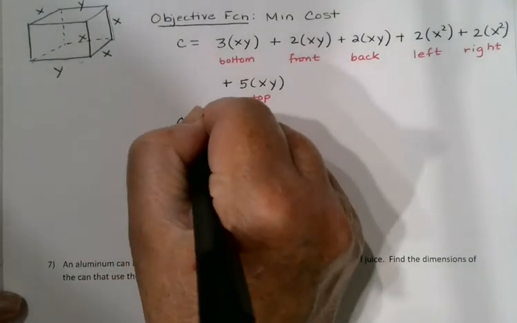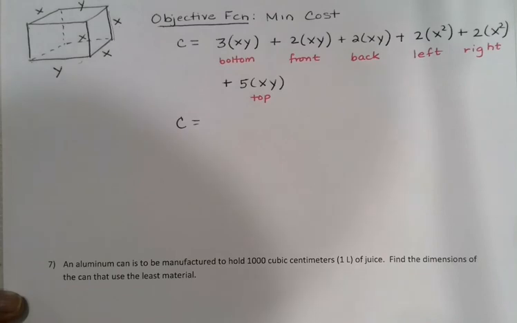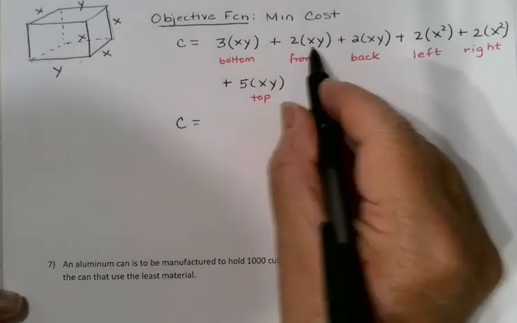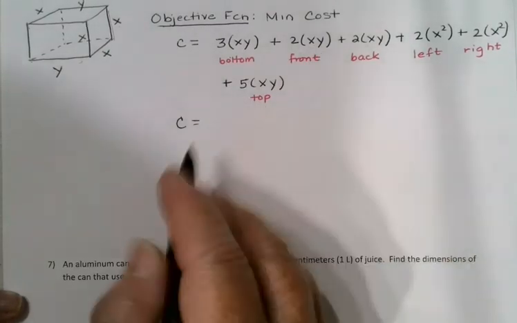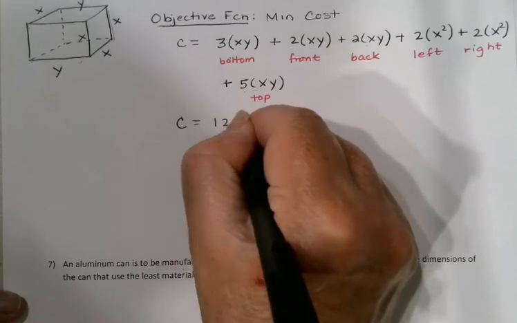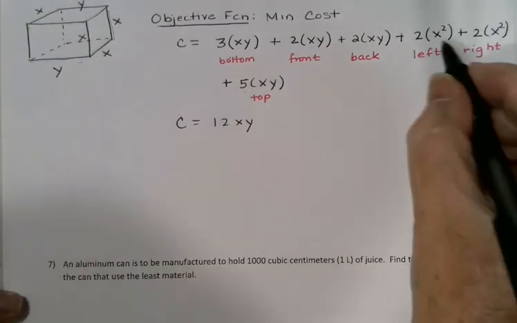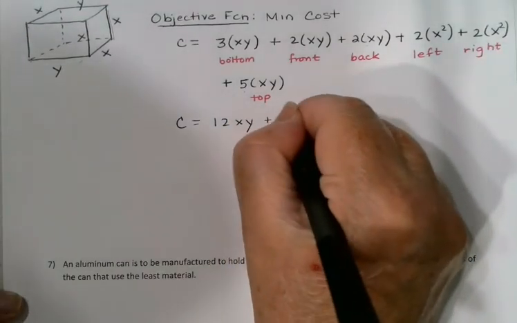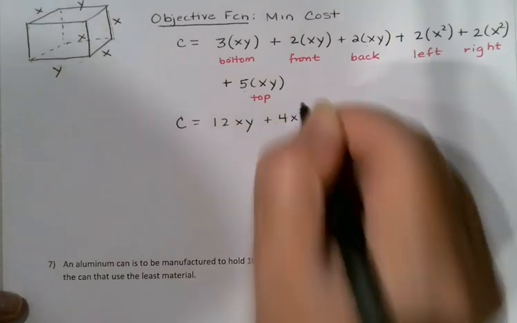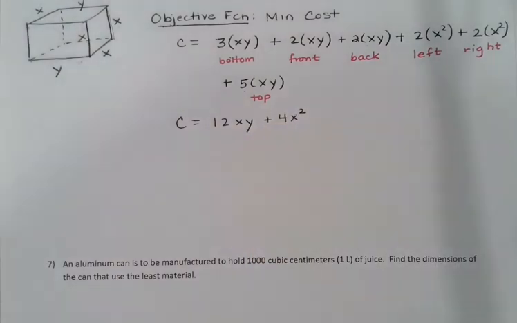Let's simplify that a little bit. Let's see, I've got 3, 4, 5, 6, 7, and 5 would be 12xy. And then I've got 4x squared. All right, there's my objective function, but I still have too many variables, so I do need a constraint.